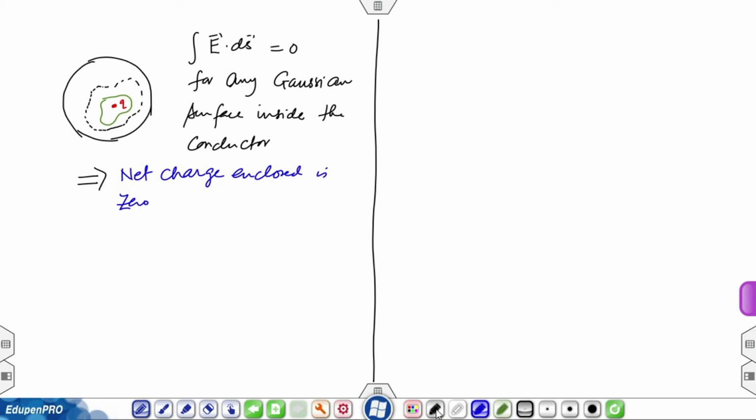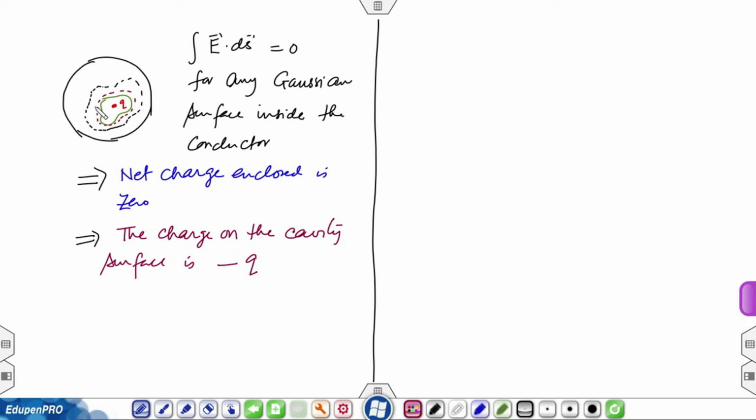and this implies further that the charge on the cavity surface is minus q. So, if you look at the cavity surface, I am going to go back to the picture, there will be this net charge minus q.